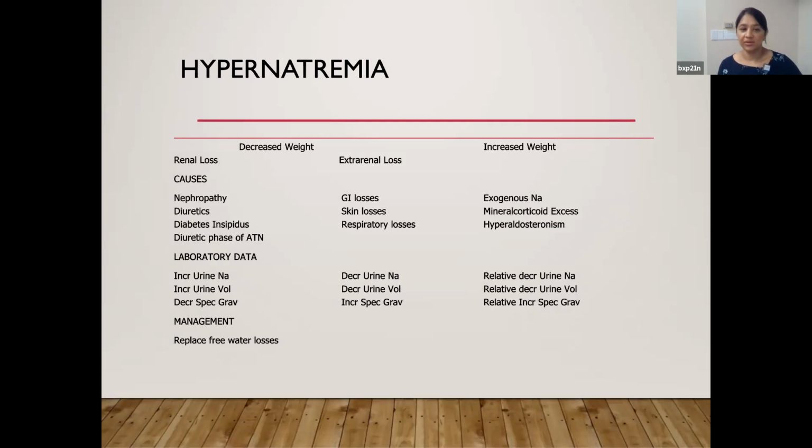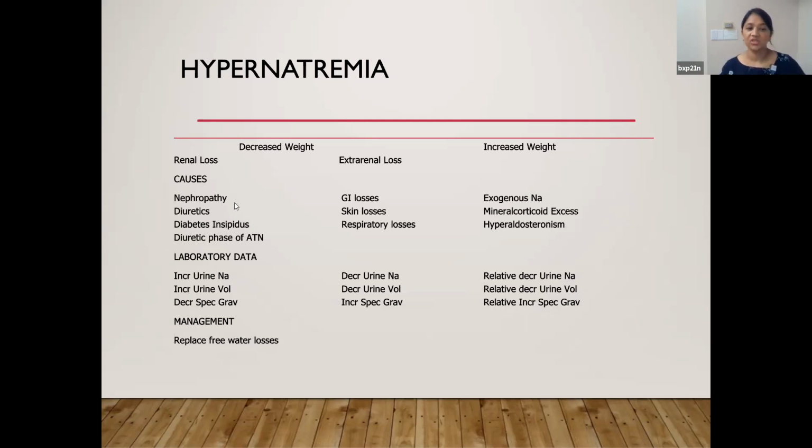Suppose somebody walks in with decreased weight. That means they're losing more water. Or they have increased weight, like they're losing more free water, but there's something going on there, which is why their weight is increased.